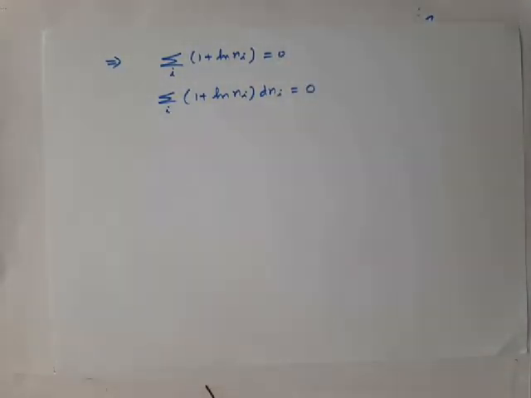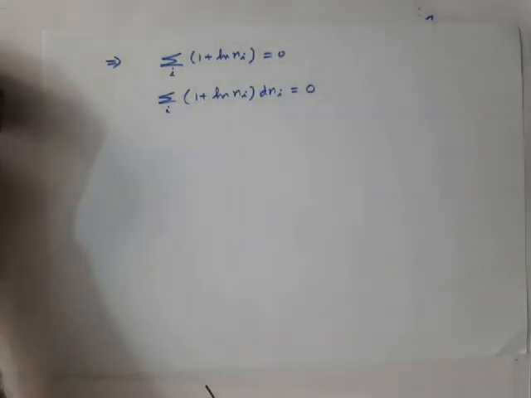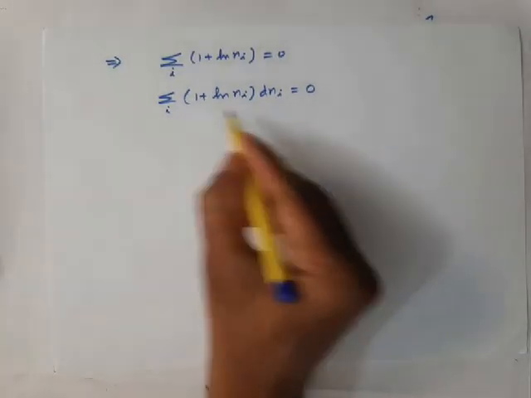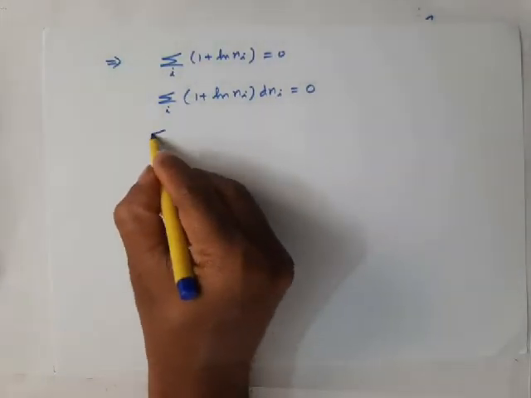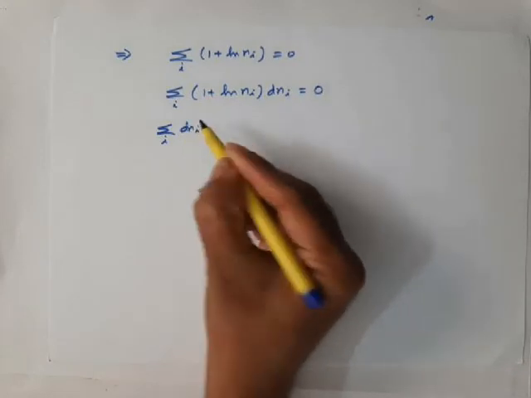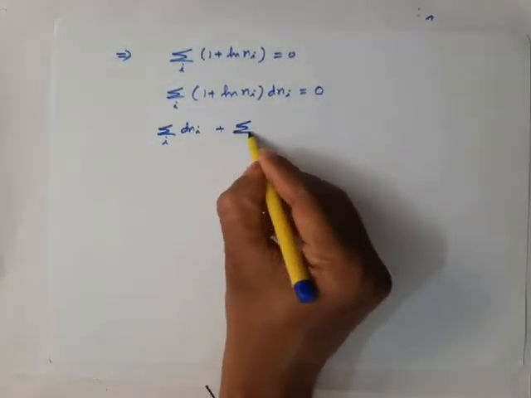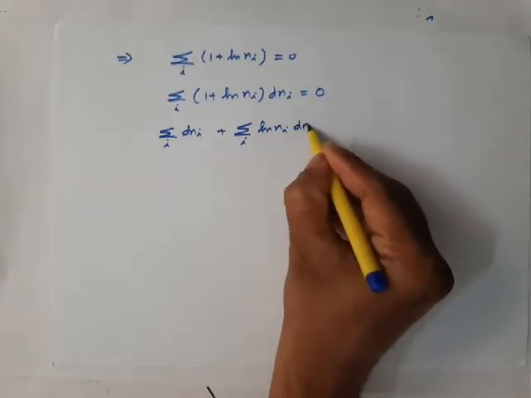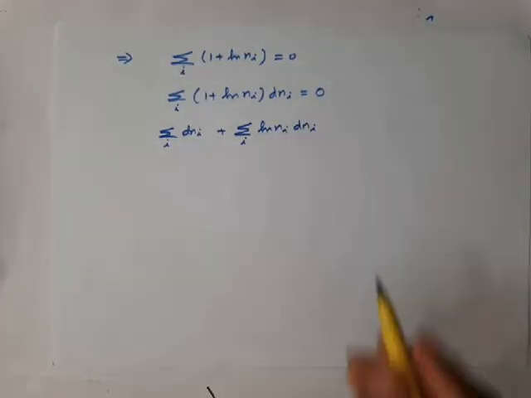Now let me separate this into two parts: sum over i dni plus sum over i ln ni into dni, equal to 0.